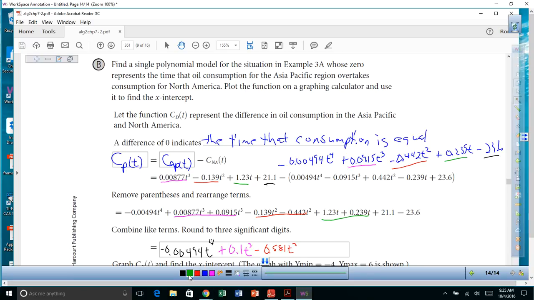And then put the t's together, and that's going to give you plus 1.47 t. And then we put the last ones together, and that's going to give you minus, I'm thinking minus 2.5.